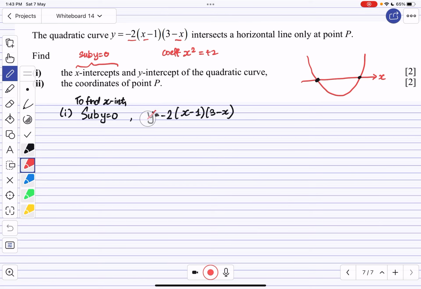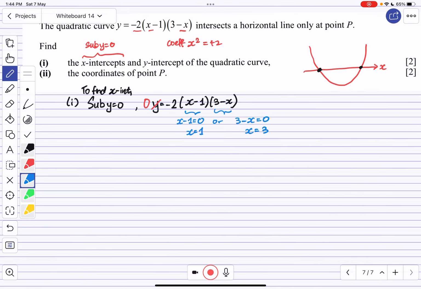I substitute y as 0. Okay, so this is just a very humble quadratic equation. So this just gives me x minus 1 equals to 0, or 3 minus x equals to 0, which turns out to be x equals to 3 or x equals to 1. Alright, so these are the x-intercepts.